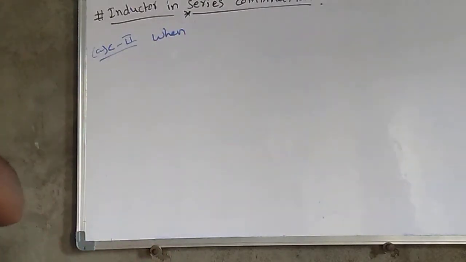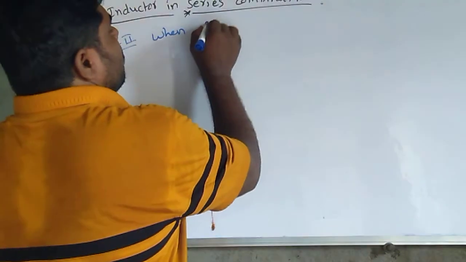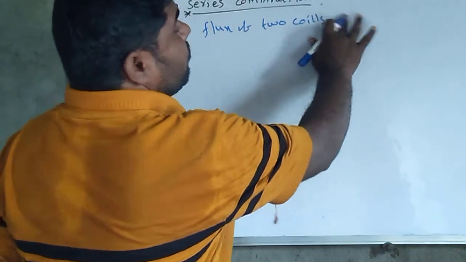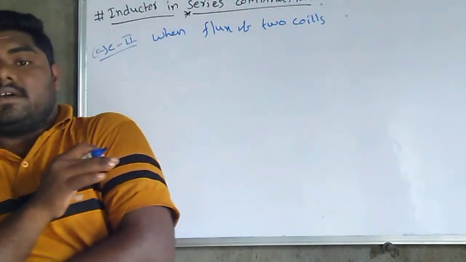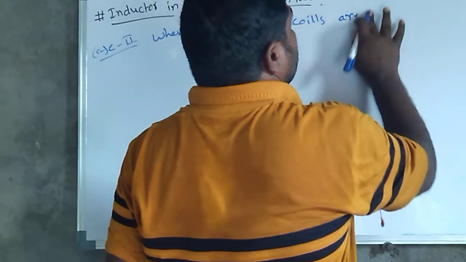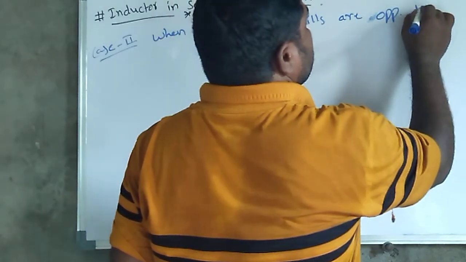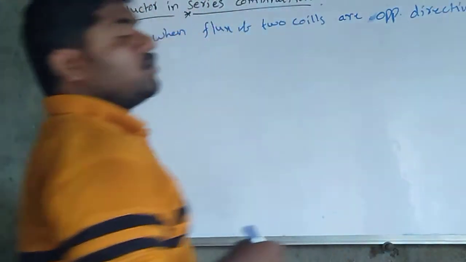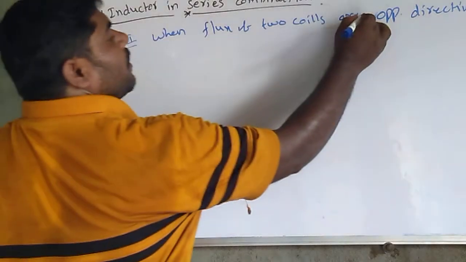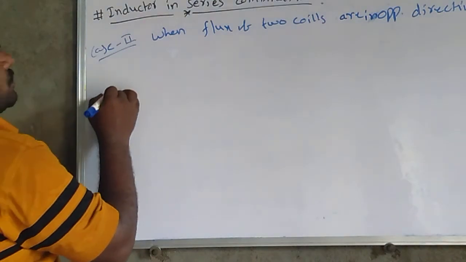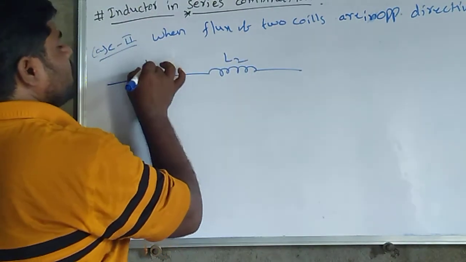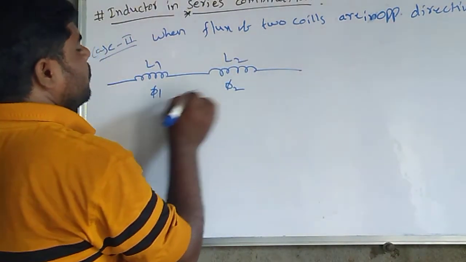When the flux of the two coils is in the opposite direction: this is the first coil, this is the second coil, L1 and L2, here phi1, here phi2.